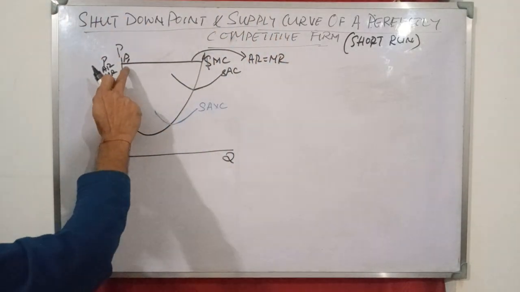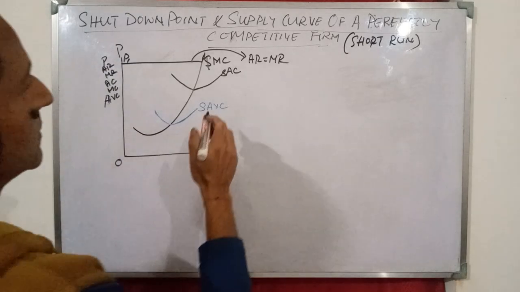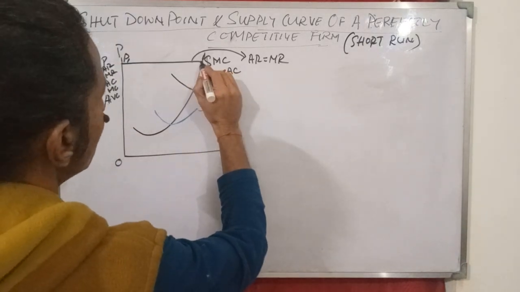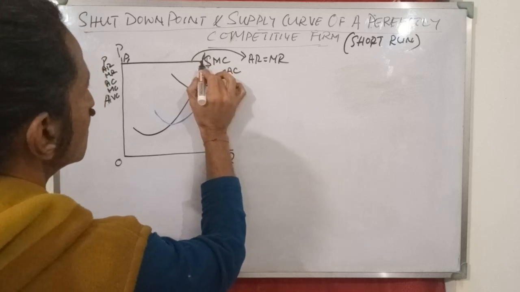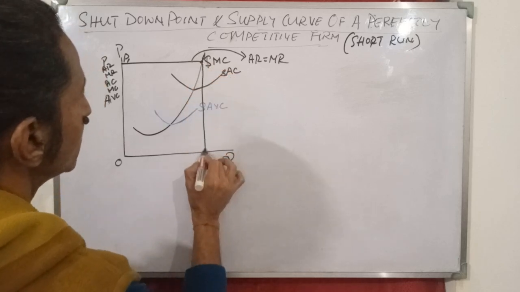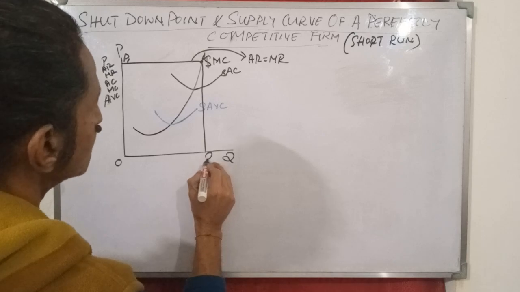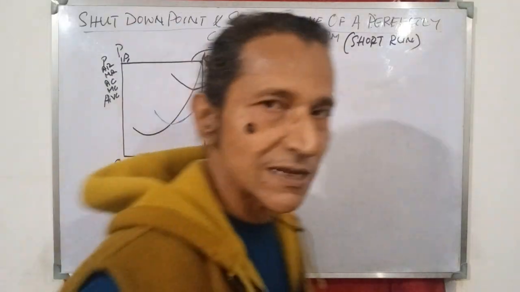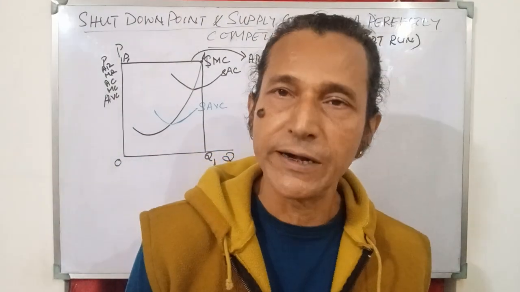So when price is P sub 1, the marginal revenue curve and marginal cost curve intersect at this point. So this is the equilibrium quantity. Say this is Q sub 1. When P sub 1 is the price, equilibrium quantity is Q sub 1.